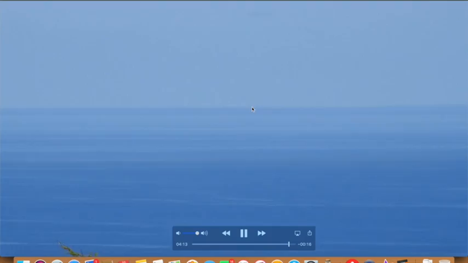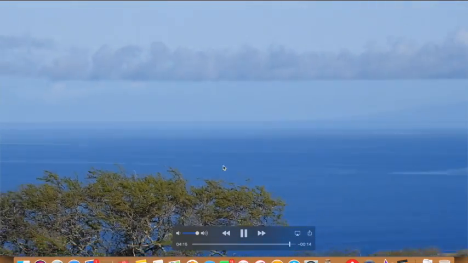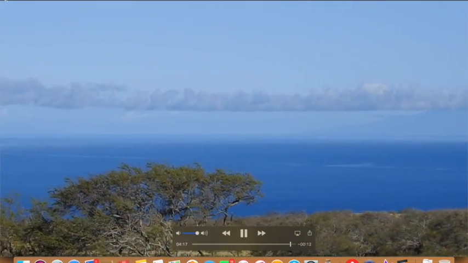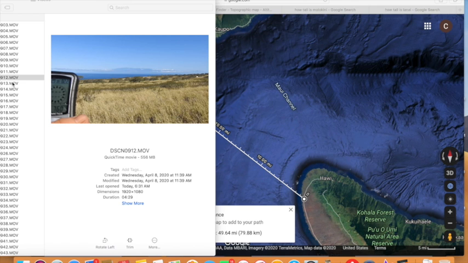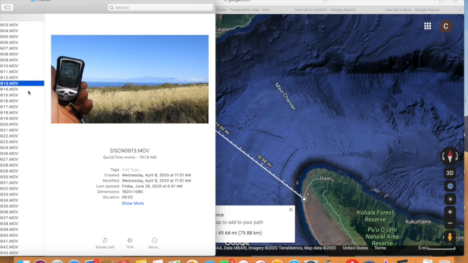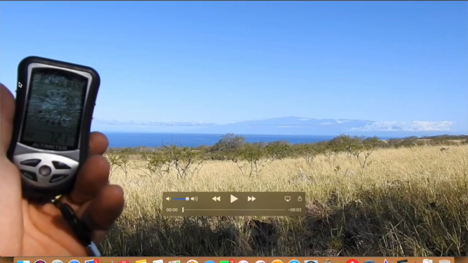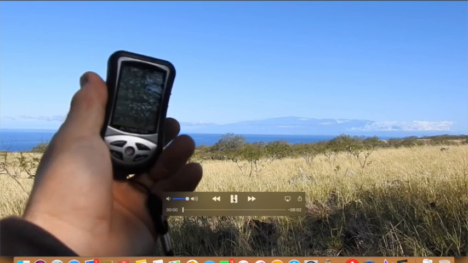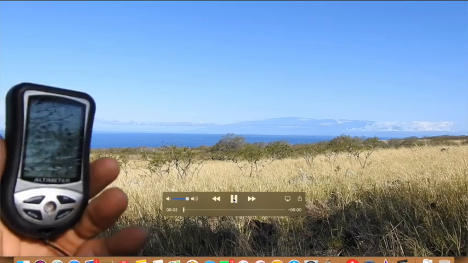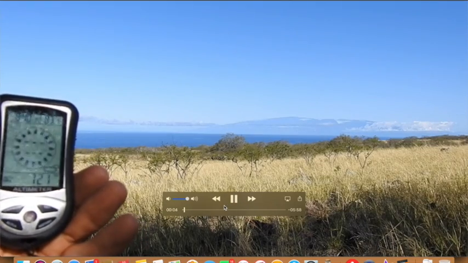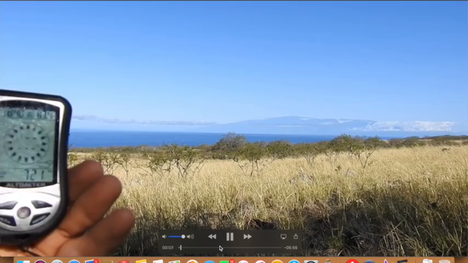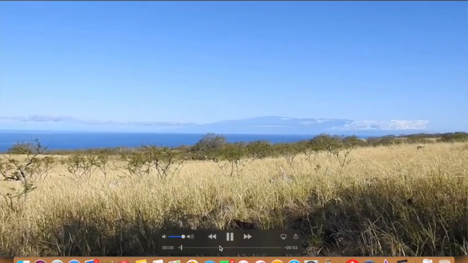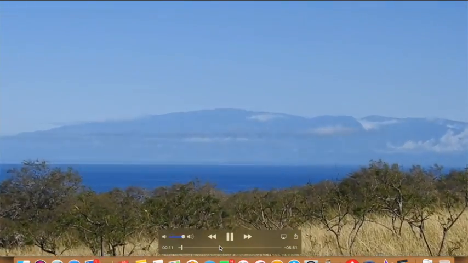There it is, one half, and the other half, as we're zooming out to keep hiking down the hill. Now, 721 feet elevation. I didn't go down very far because we're in a crucial moment here as we are eclipsing the island of Molokini.